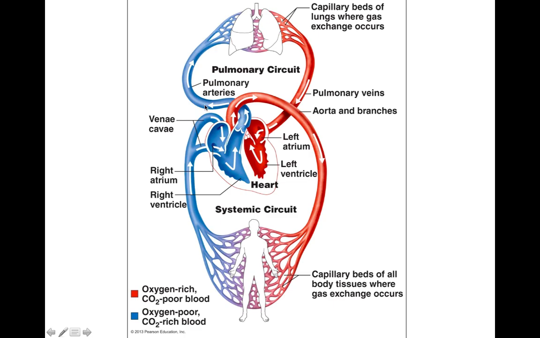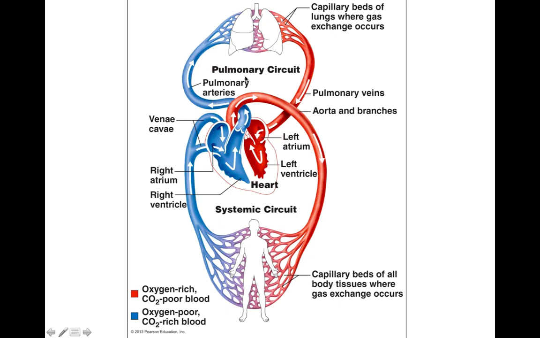So the circuit that delivers blood and brings blood back from the lungs is called the pulmonary circuit, and the circuit that delivers blood to the rest of your body and sends that blood back to the heart is called the systemic circuit. In the systemic circuit the arteries will carry oxygenated blood, and the side that returns to the heart will carry more oxygen-poor blood.